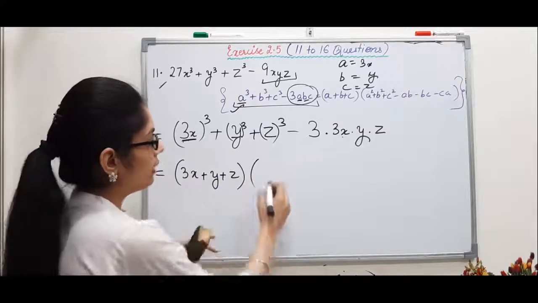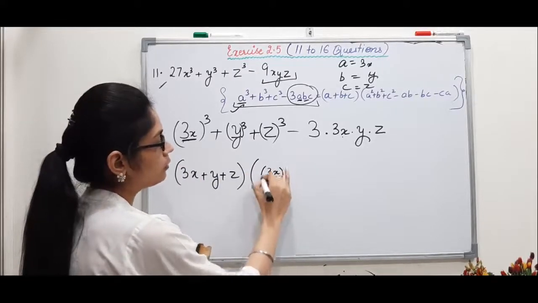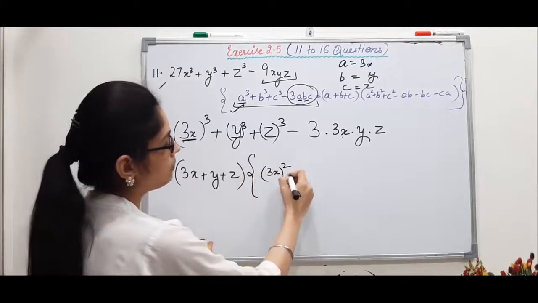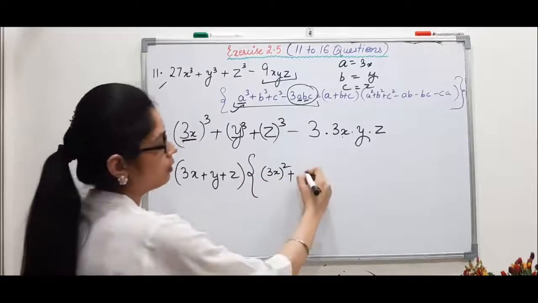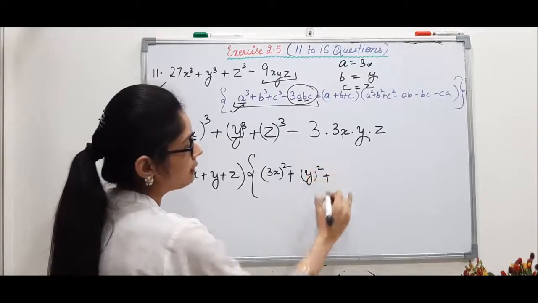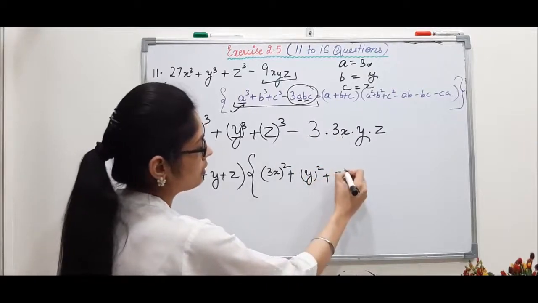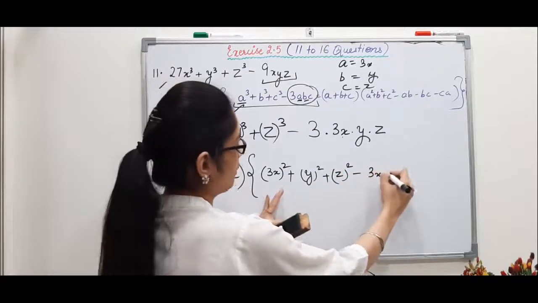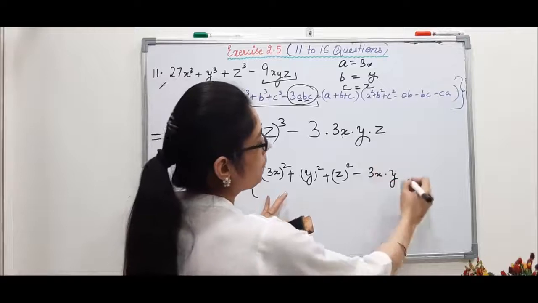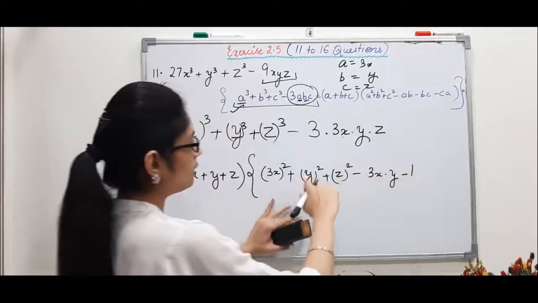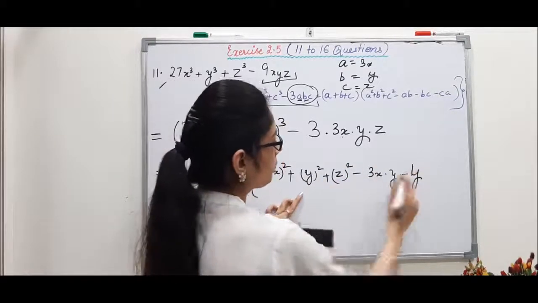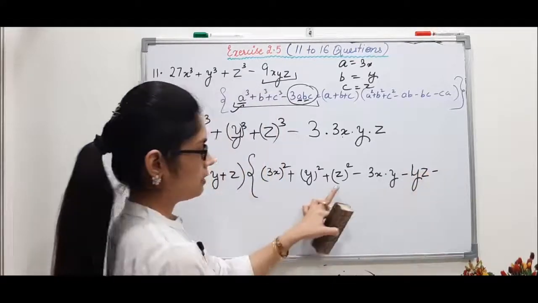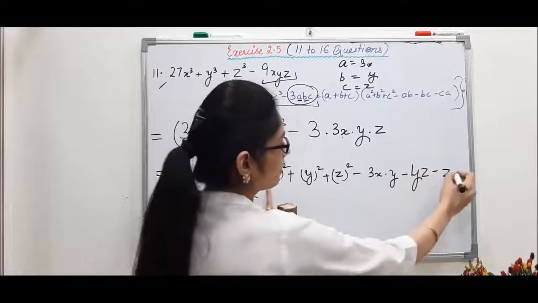Then a square, a is 3x, so 3x whole square, plus b square, b is y, so y whole square, plus c square, c is z, so z square, minus ab, a is 3x, b is y, minus bc, b is y and c is z, minus ca, c is z, a is 3x.